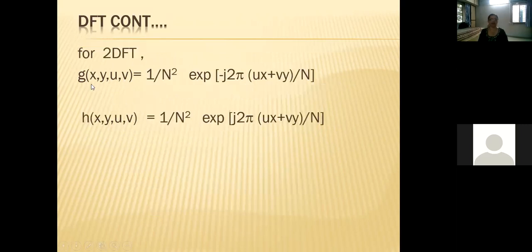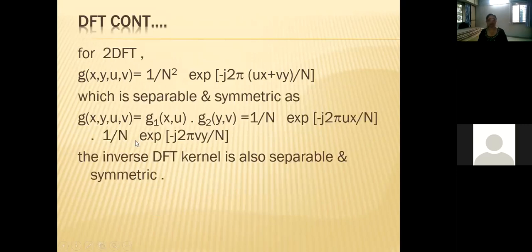This is separable and symmetric as shown here. g1(x,u) and g2(y,v), we can separate it into two components: 1 upon n e raised to minus j 2 pi ux by n, and another component corresponding to vy, 1 upon n e raised to minus j 2 pi vy by n.